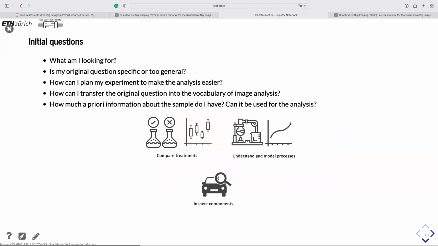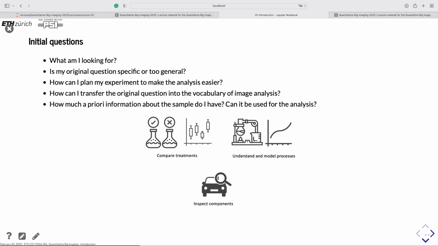So the initial questions you have is, first of all, what am I looking for? It's a good point when you get up in the morning, what do I want to know? And then you have to ask what you're looking for. Is that question too specific or is it too general?